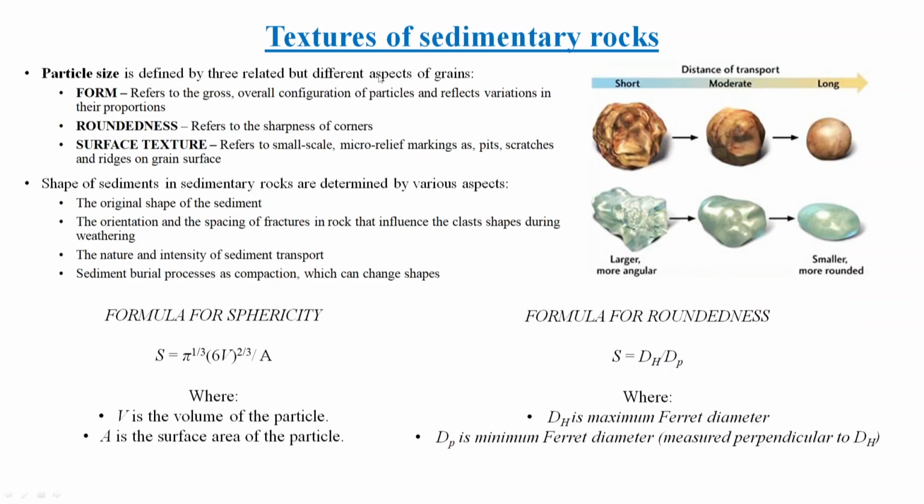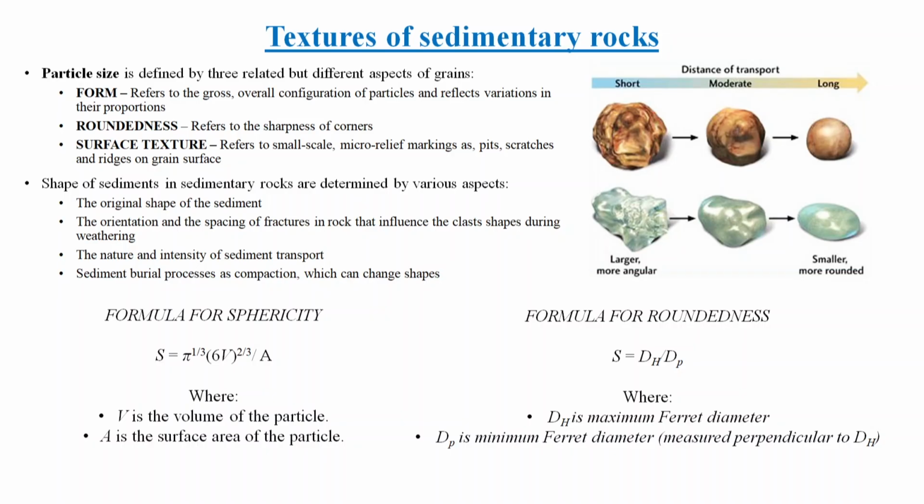Then the other consideration is obviously the form or the roundness of a particular grain or particle. So if I simply say that a grain is getting transported a long distance from one place to another place, then obviously during its transport it is highly possible that apart from different agents of chemical weathering like oxidation and carbonation, you also have physical weathering during its transport, because you are not transporting a single particle, you are transporting a load of particles.